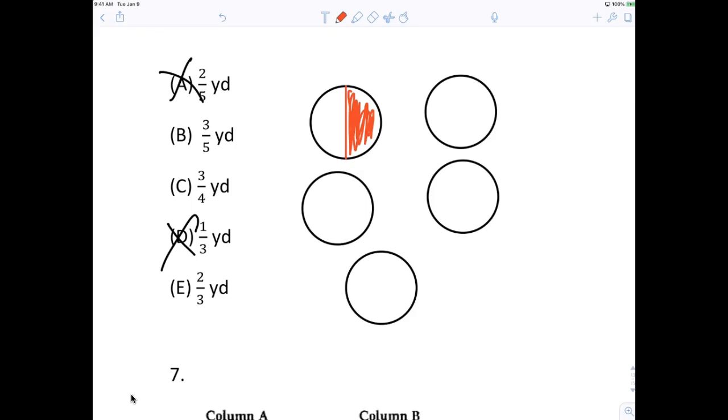Now let's look at 1/3, for example. So I'm going to draw 1/3 for you. Would this be enough? Would that be enough? No, it's not enough because I need a half, right? Everybody agree? Now, let's look at 2/5. Now what I'm going to try to do is represent 2/5 for you.